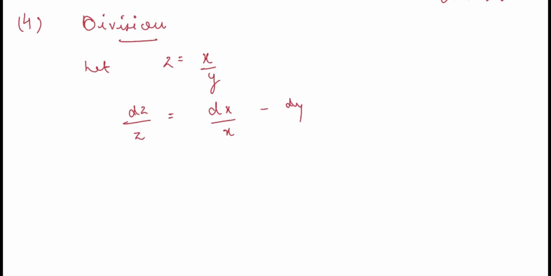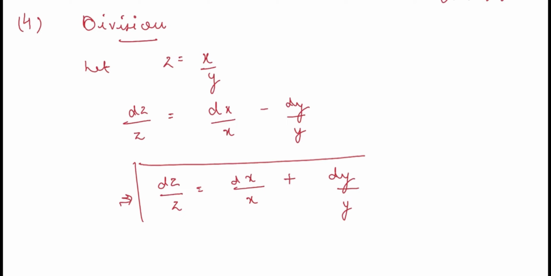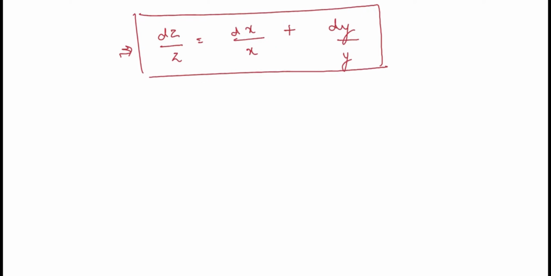Now, the next case is division. Again, suppose a number z equals x by y. By differentiating, we get dz by z equals dx by x minus dy by y. Again, for maximum possible error, we ignore the sign. Therefore, we get dz by z equals dx by x plus dy by y. And the last case is powers.